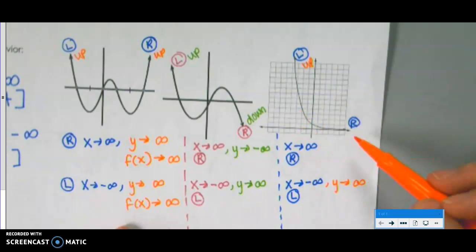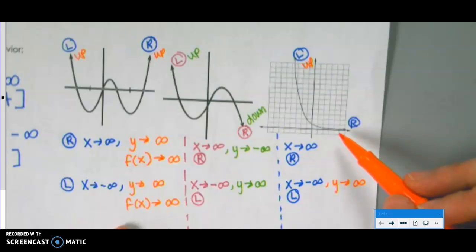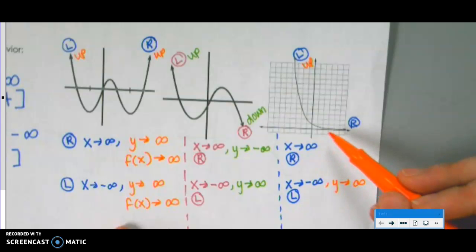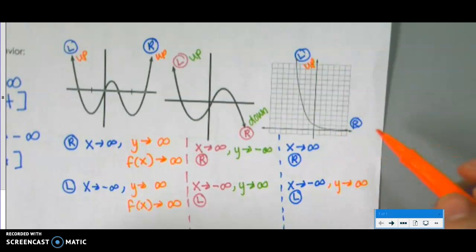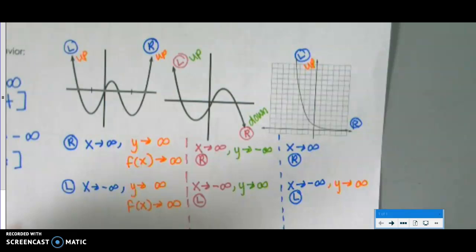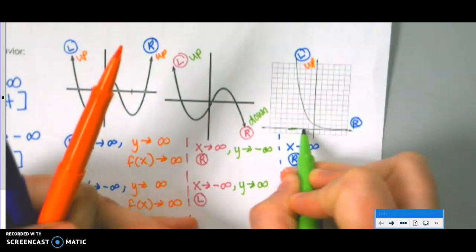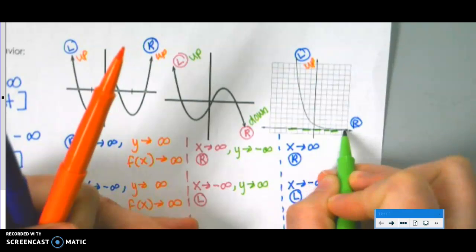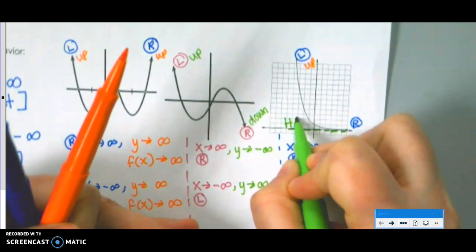But this is exponential, so the end behavior when you have an asymptote is a little bit different because that arrow is going to continue to the right, but it's not really pointing up or down. It's leveling out. It's getting really flat. And so the number that it's approaching is wherever this horizontal asymptote is.